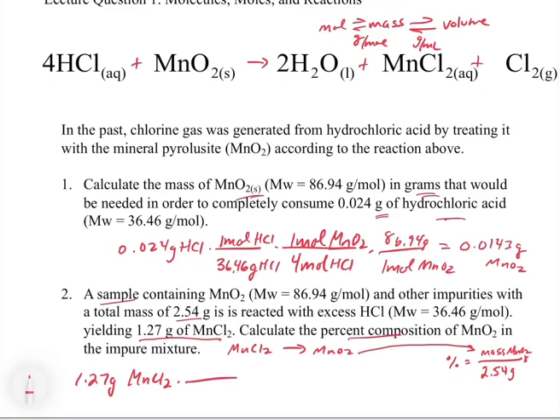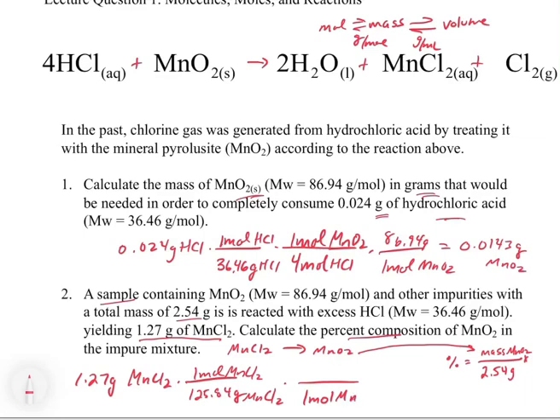We can take the molecular weight of the MnCl2, which is 125.84 grams. We don't give that to you, so you have to figure that out. For every 1 mole of MnCl2, we can work back. Now we have to look up the mole ratio for MnCl2 to MnO2, and it turns out that it's a 1-to-1 ratio.